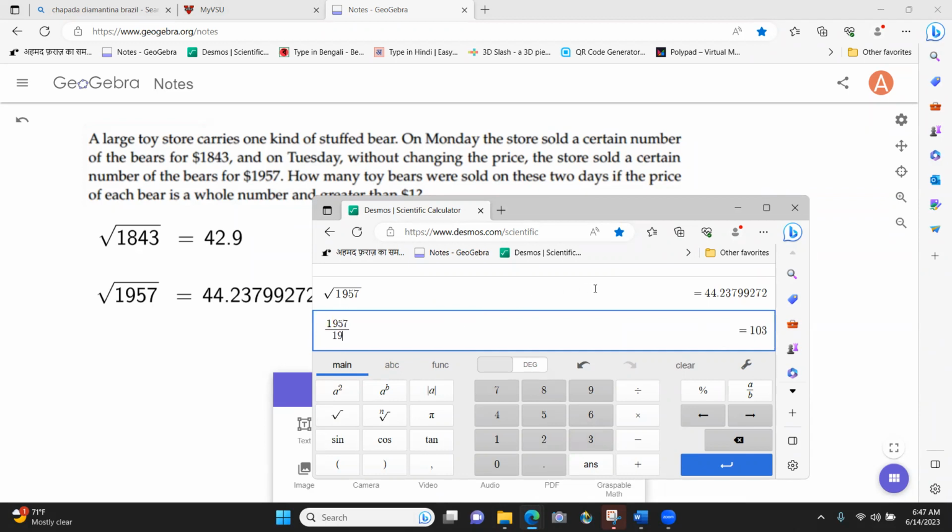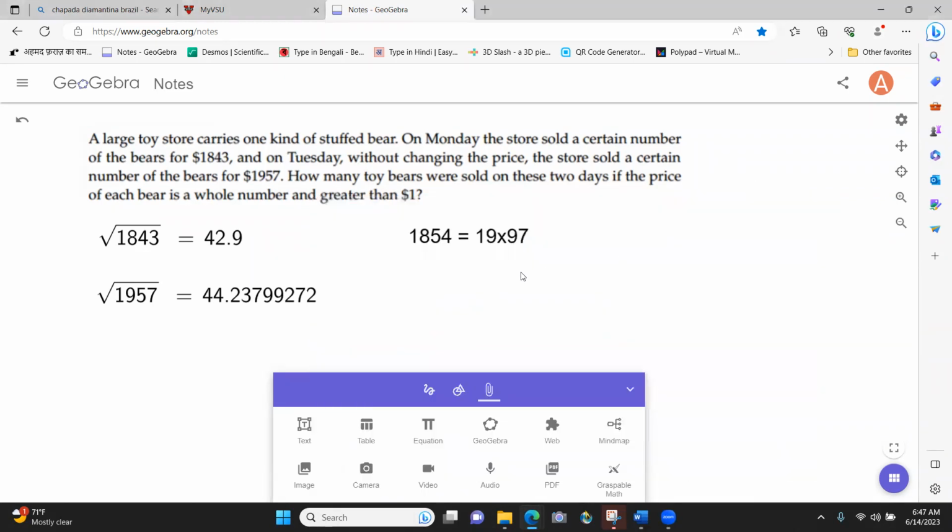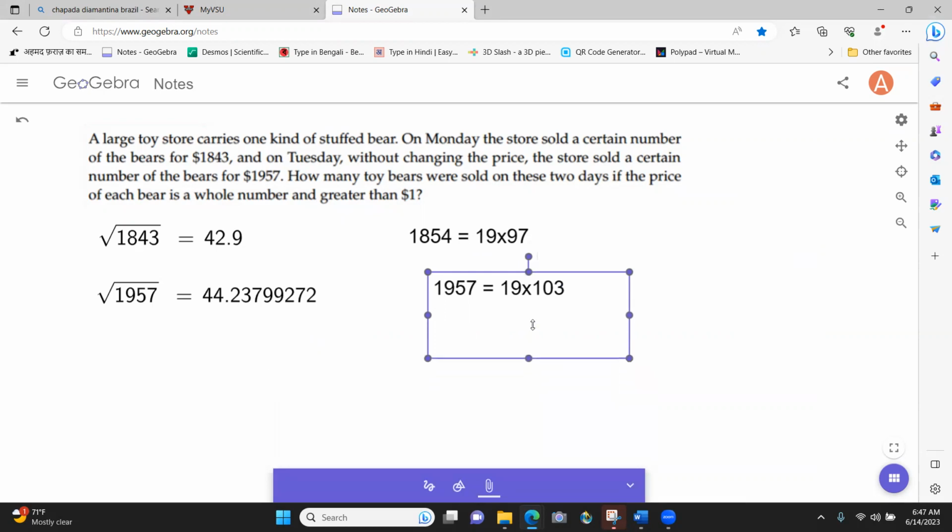Okay, so 103 is a prime, has to be 103. So I'm going to write it as 19 times 103. So you learn how to express these numbers as prime factors.